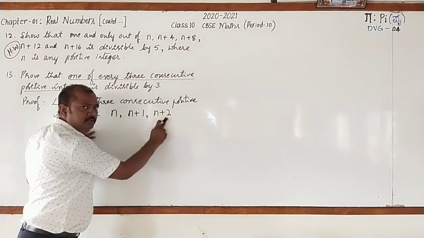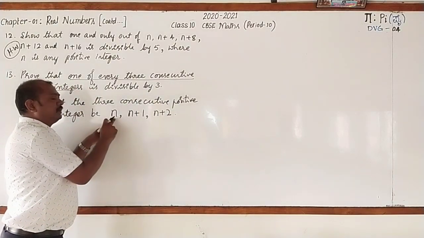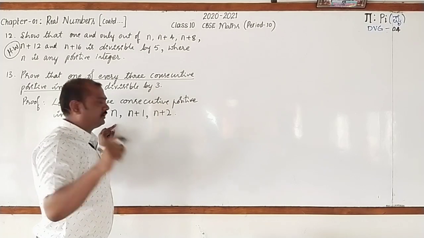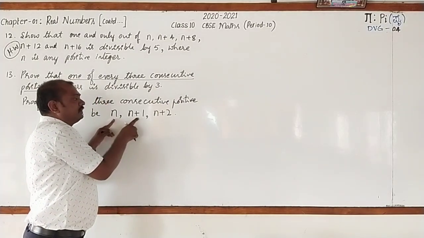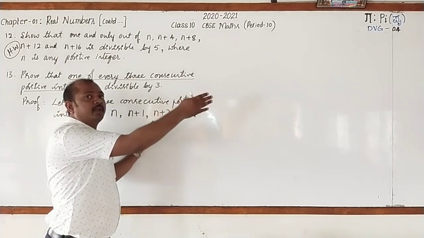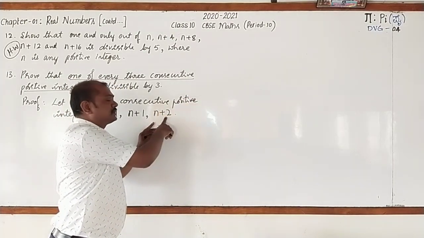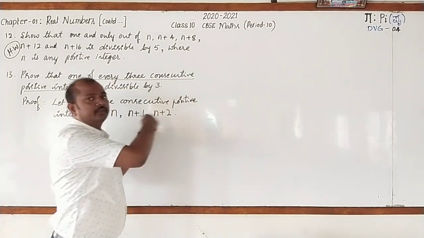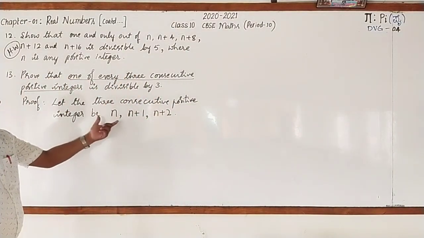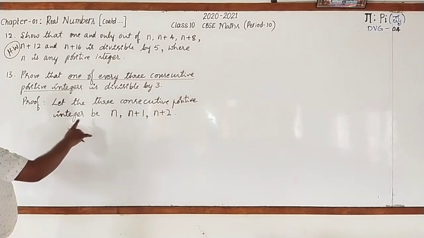Are these consecutive numbers? No doubt, because the difference of any 2 consecutive numbers is 1 here. Look here, n. Next, n plus 1. Next, again 1 is added, n plus 2. If you add 1 to this, n plus 3, next n plus 4, they are all consecutive numbers. Here we want 3, hence we have taken only 3 consecutive positive integers.